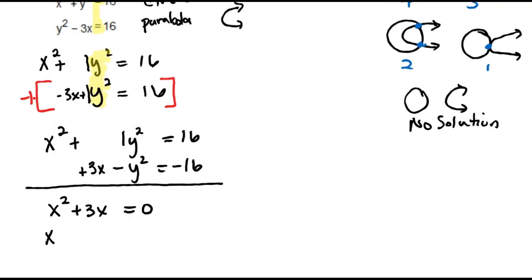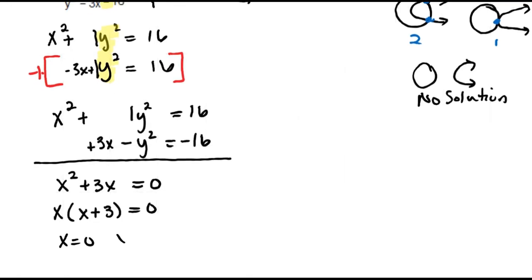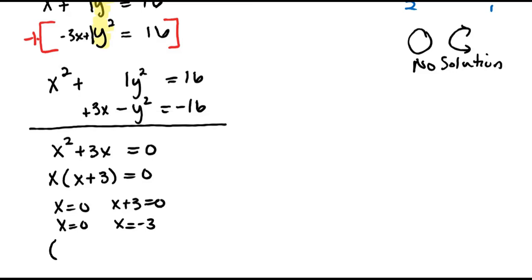I can factor out an x, and that leaves me with x plus 3. I can set each factor equal to 0 and get x equals 0 and x equals negative 3. So I have the start of my ordered pair solutions. Let's find the y-coordinates of those solutions.